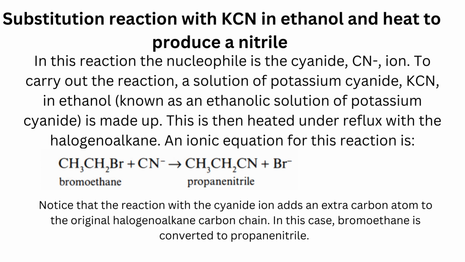This is then heated under reflux with the halogenoalkane. An ionic equation for this reaction is bromoethane plus CN- gives propanenitrile and Br-. Note that the reaction with the cyanide ion adds an extra carbon atom to the original haloalkane carbon chain. In this case, bromoethane is converted to propanenitrile.